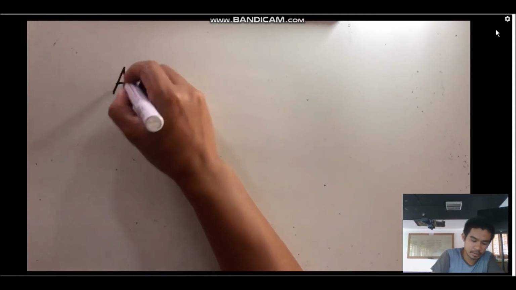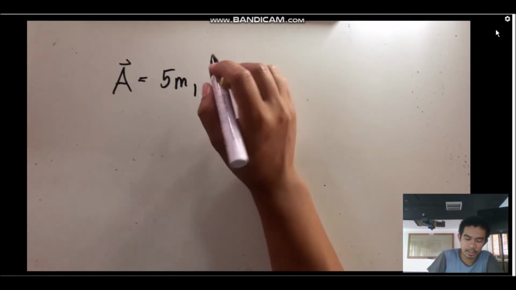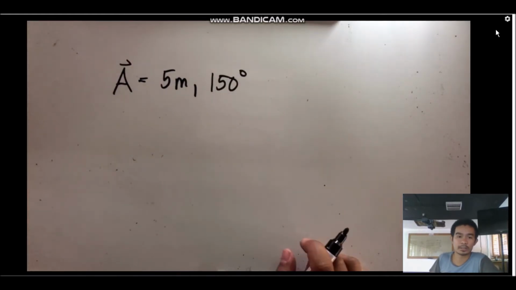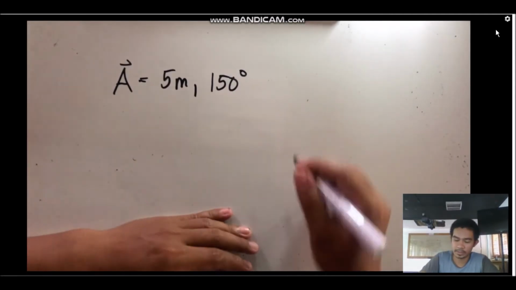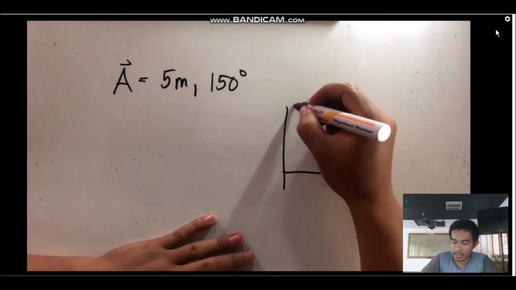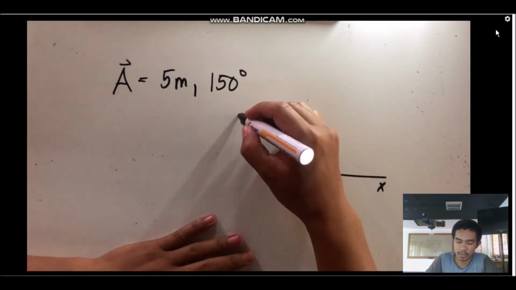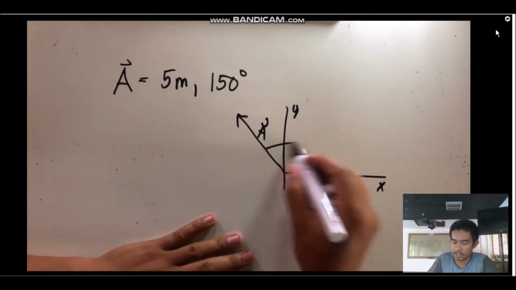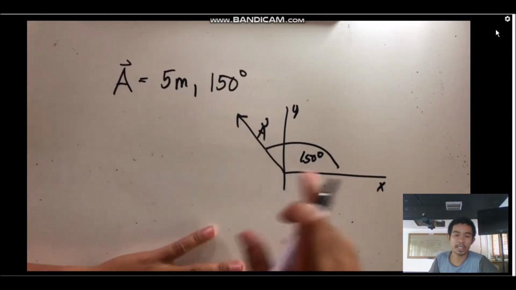Right. So suppose we have vector A equals, say, 5 meters, comma, 150 degrees. If it is 150 degrees from the positive x-axis, then this vector is located in the second quadrant.